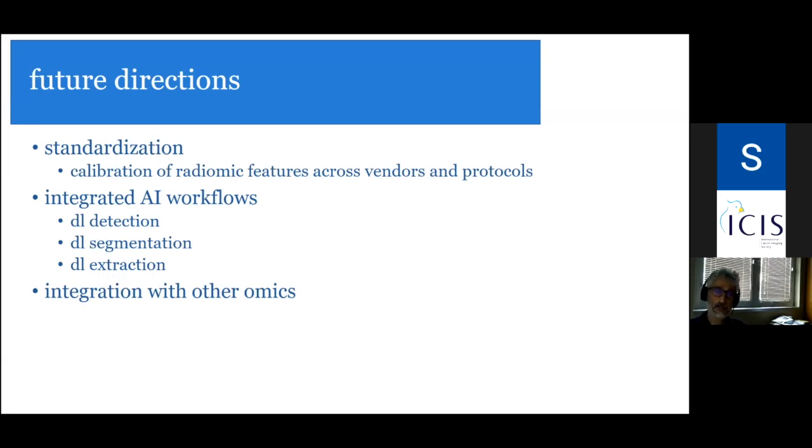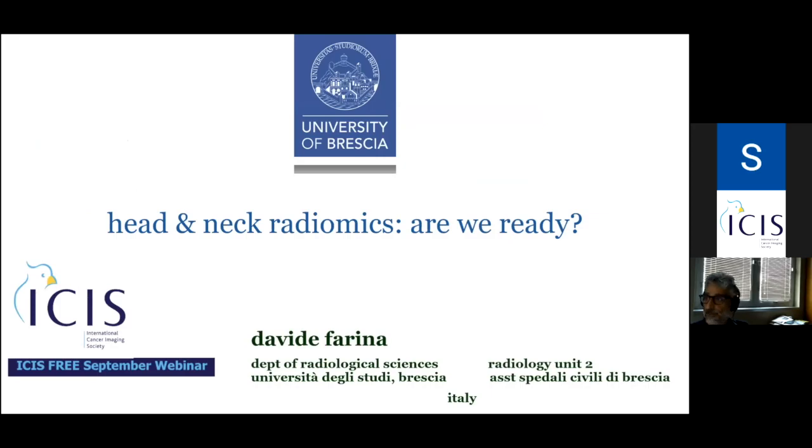In particular, I think what will be triggering will be the integration with pathomics and videomics. There are other image-based techniques, so the comparison with these other omics might make the interpretation and the explanation of the results easier. So thank you very much for your attention.